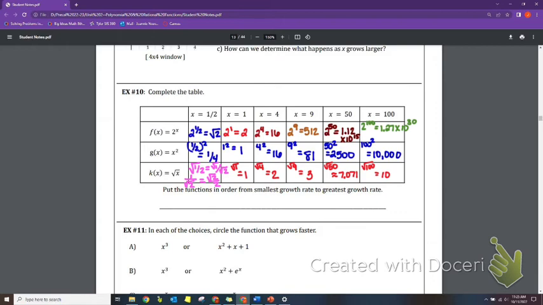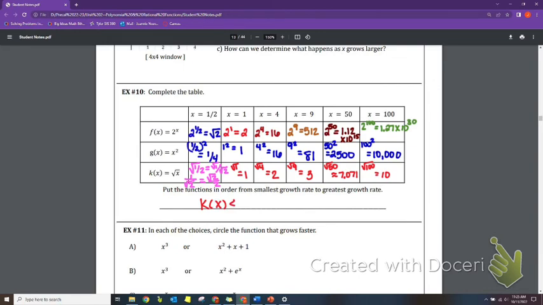So it says put the functions in order from smallest growth rate to greatest growth rate. So which one of these grew the smallest amount? Well, if you look at their ending numbers there, you'll notice that k of x only grew up to 10. So k of x is going to be our smallest. And then which one is our next smallest?